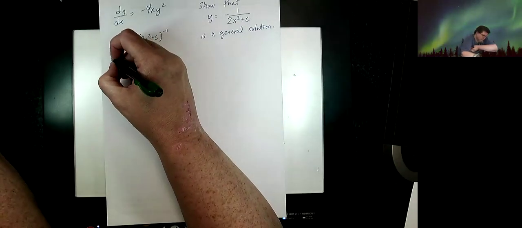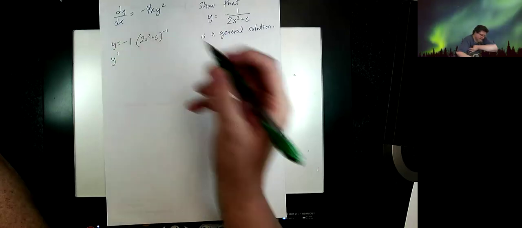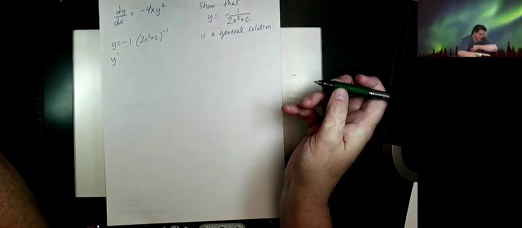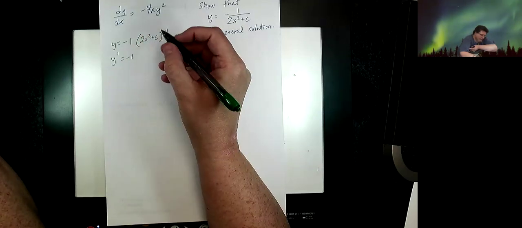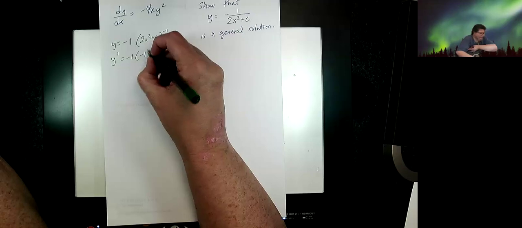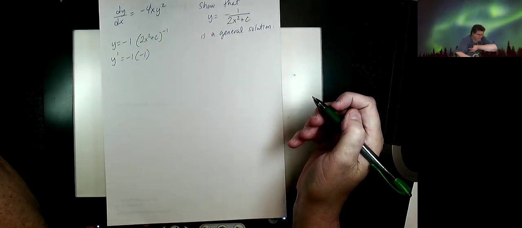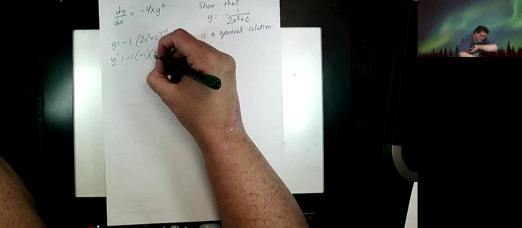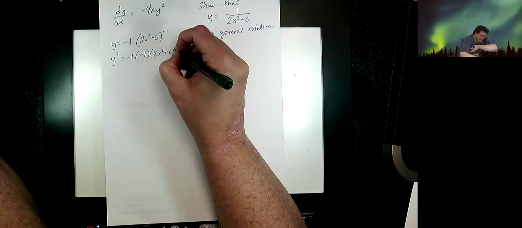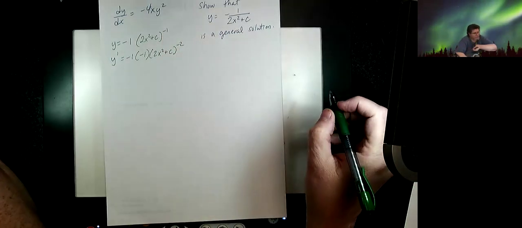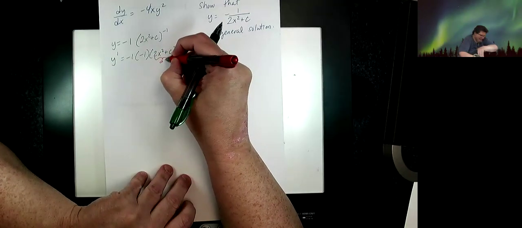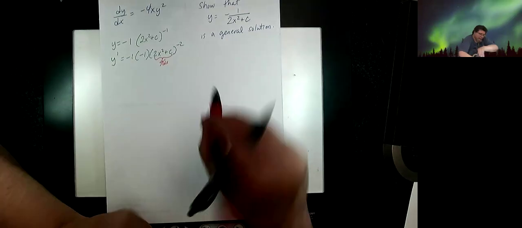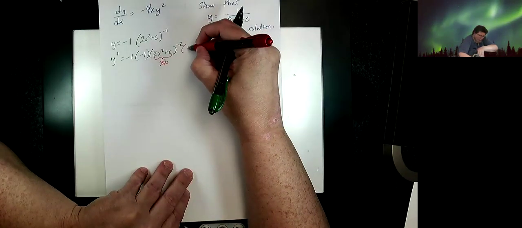When I do d/dx or find the derivative, y prime is going to be negative 1. That's the negative 1 we had out front. Then that's the negative 1 we bring down. We lower the power by 1, so it goes down to negative 2. And then we do d/dx of this, and we get 4x.